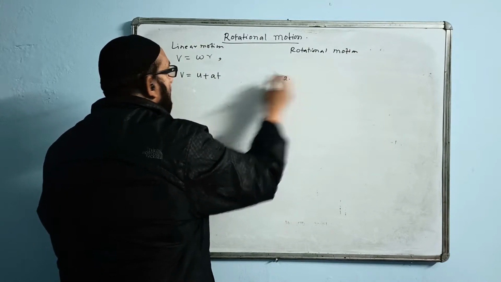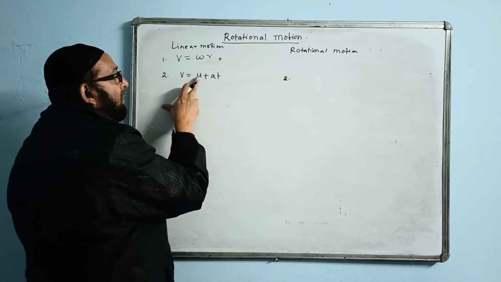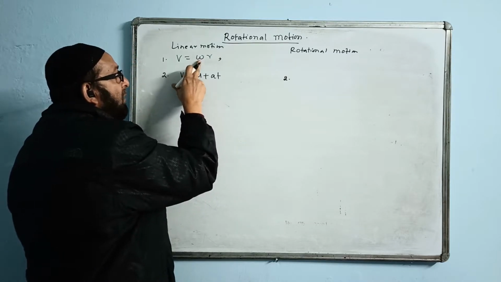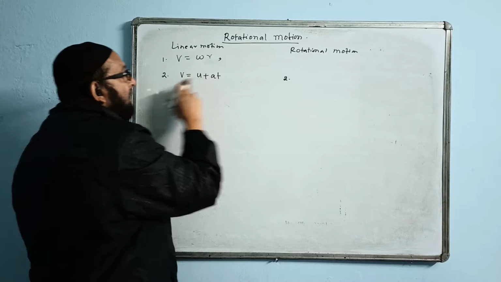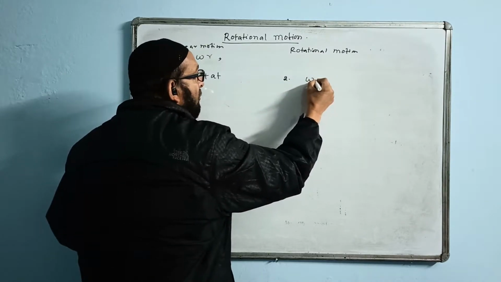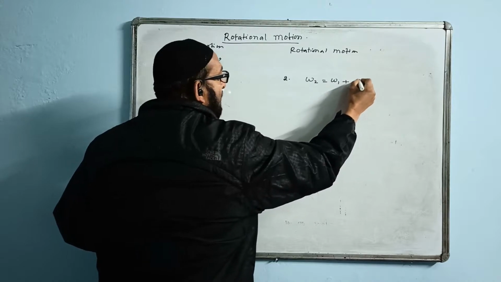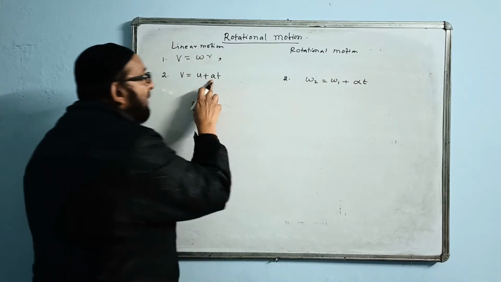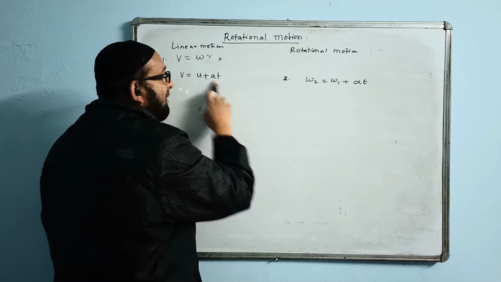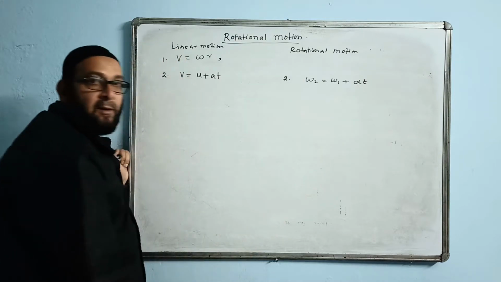V is final velocity, u is initial velocity. Here velocity in angular motion is omega. So we will write omega 2 is equal to omega 1 plus a will become alpha. This is called angular acceleration, and that is linear acceleration.